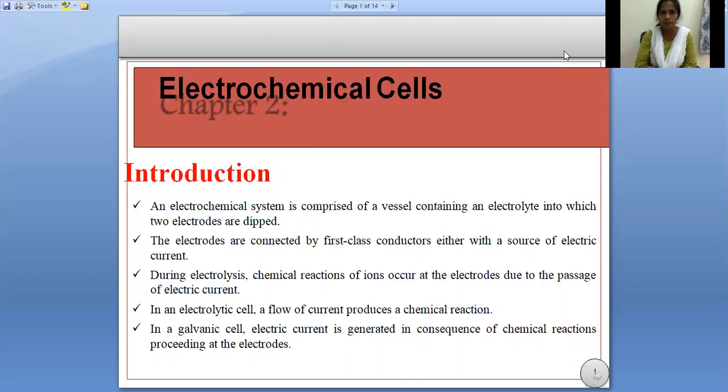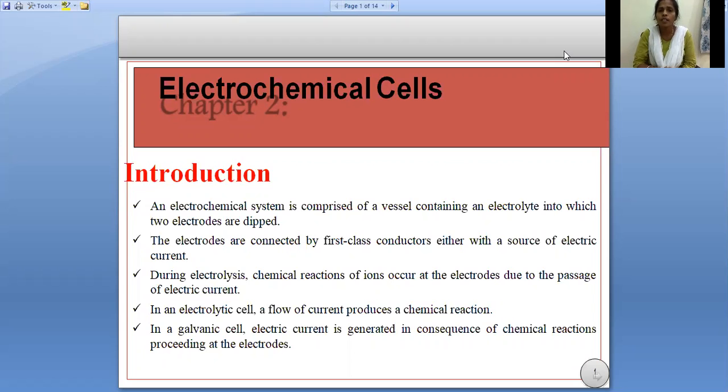That means the salt solution must contain that particular metal. If copper is the metal, copper sulfate or copper chloride is the electrolyte. That is the own salt solution. So when the metal is dipping in its own salt solution, there develops a potential. That potential difference is called electrode potential.